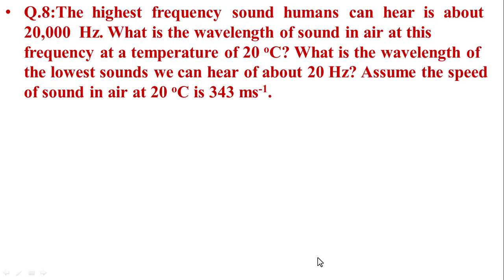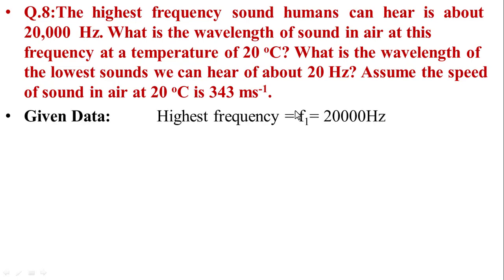What is the wavelength of sound in air at this frequency at a temperature of 20 Celsius? What is the wavelength of the lowest sound we can hear, about 20 Hz? Assume that the speed of sound in air at 20 degrees Celsius is 343 meters per second.